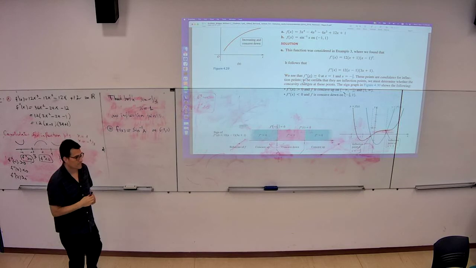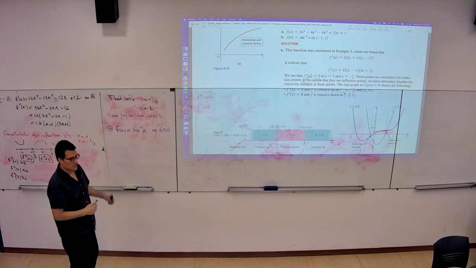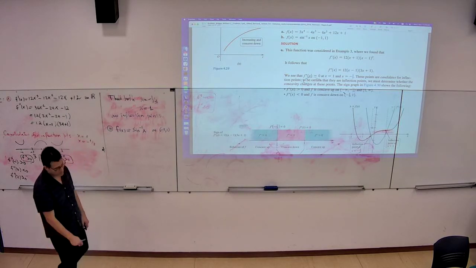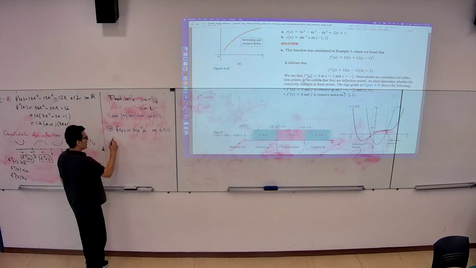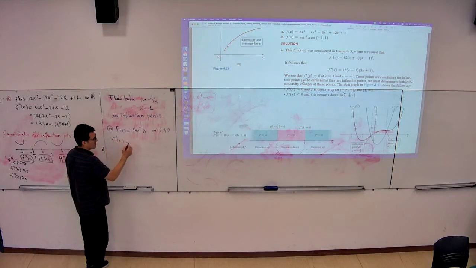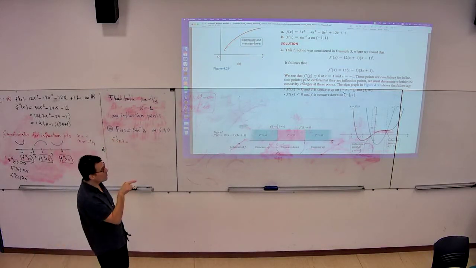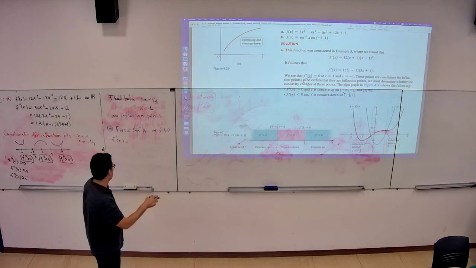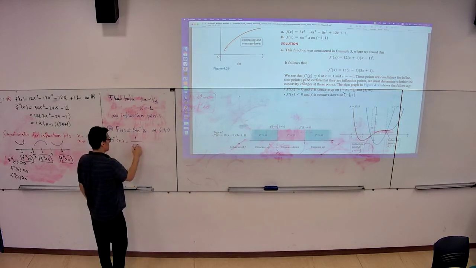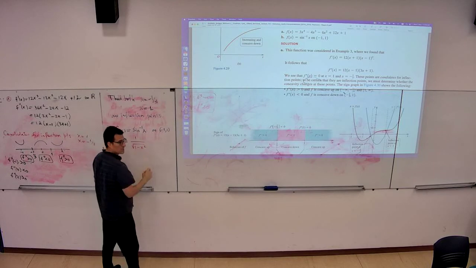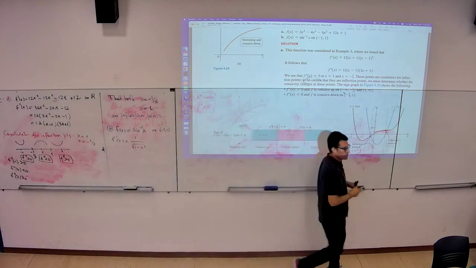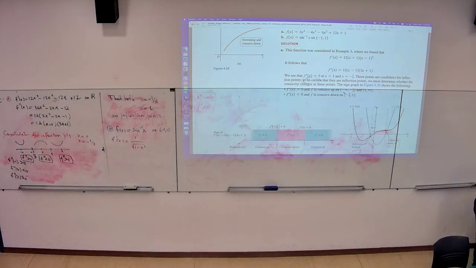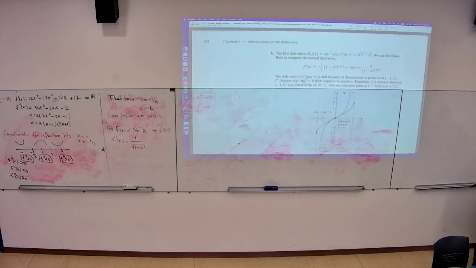So f prime of x, the derivative of the arc sine, was 1 over the square root of 1 minus x squared, right? And then the second derivative, you need to work out the expression a little more. It's not hard to do.